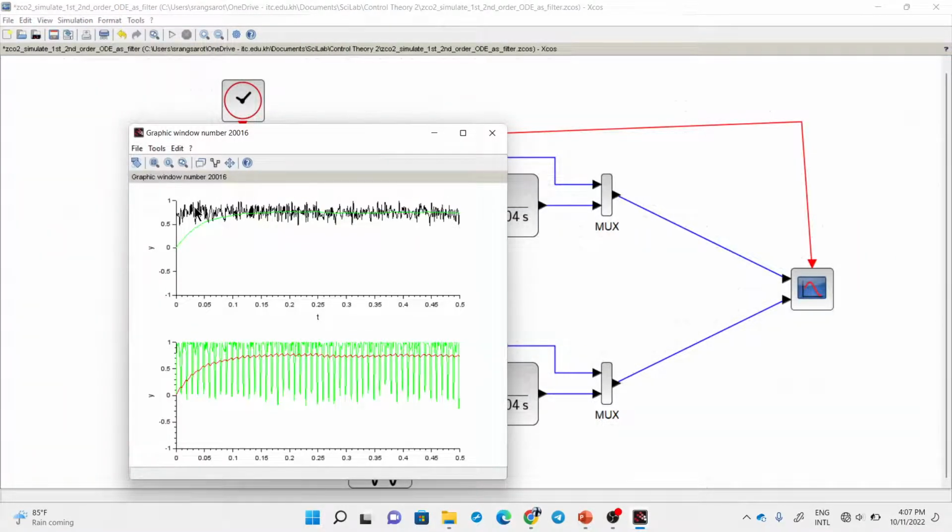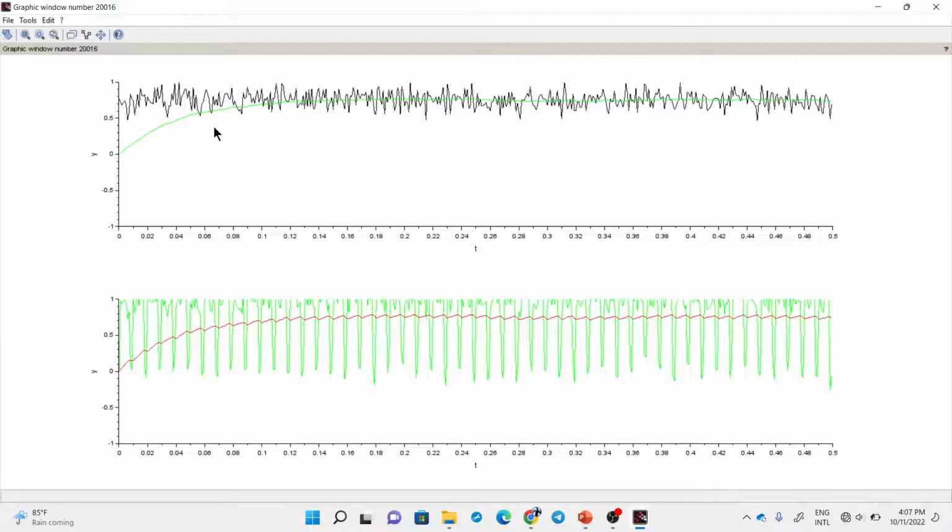Now the input is 0.75 volts, but corrupted by some noise. But you can see that the response somehow is smooth, right? It's much smoother than the input, because high frequency noise is filtered out. And this one, the corrupted noise doesn't seem to affect it so much.